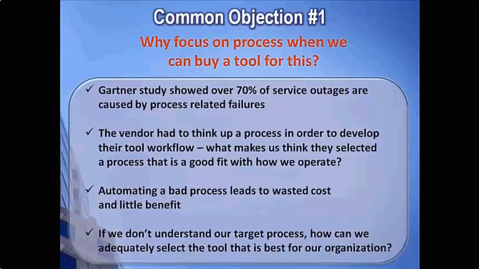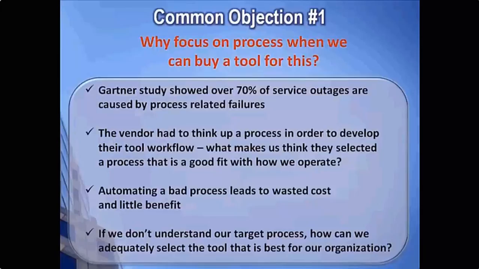Another reason is if you have a bad process and all you simply do is automate it, all you're doing is wasting cost, and there's really very little benefit that's going to come out of that. And again, for tool selection, if that becomes part of your scope, if you don't understand your process to start with, how can you really select the right tool that's going to fit? So there are a lot of reasons for starting with a process.